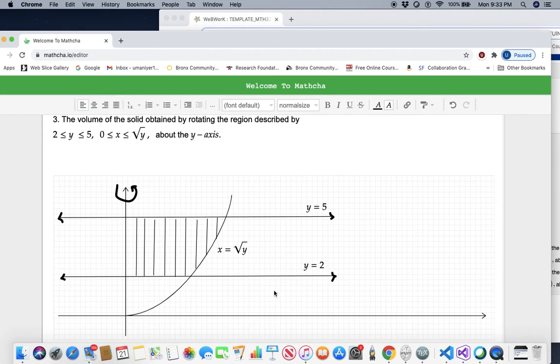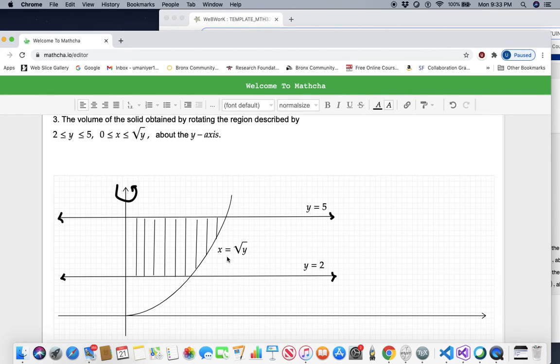You want y to be between 2 and 5. So those are the two horizontal lines, y equals 2 and y equals 5. And x equals 0, that's the y-axis, and x equals square root y looks like this.